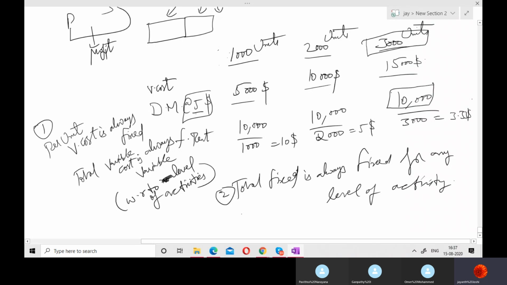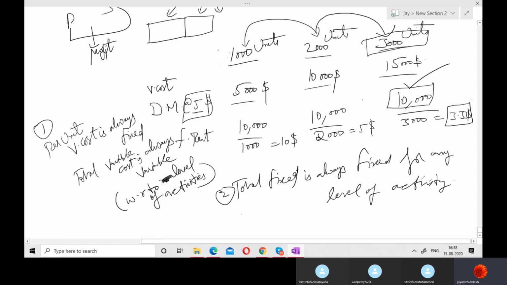I have already taught you the leverage concept in ratio analysis. In that, what I've said is you can take leverage or advantage of your fixed cost, because at any activity level you are performing, if you're producing more at a high level of activity, you always see the per unit fixed cost is very less.